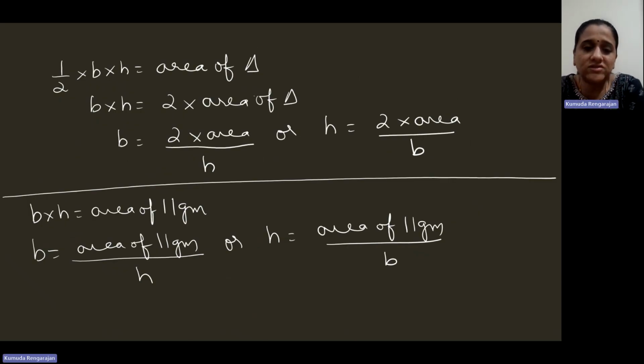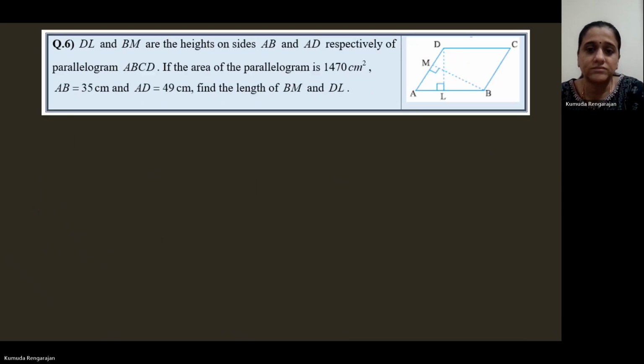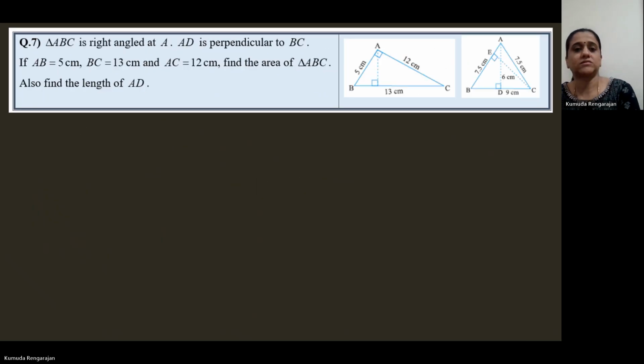If it's a triangle, base is twice area by height, and height is 2 into area by B. If it's a parallelogram, then base is area by height, and height is area by base. If it's for a triangle, it is 2 into area in the numerator. So you should be able to do this, correct?